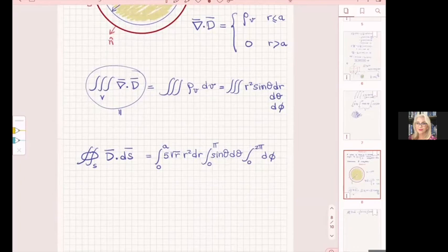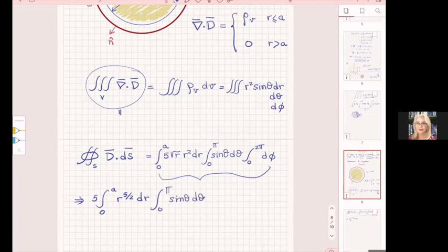So then we're trying to find how much this is. So we have 5, r from 0 to alpha, and we have dr, and then 0 to pi sine theta dθ and 2 pi.